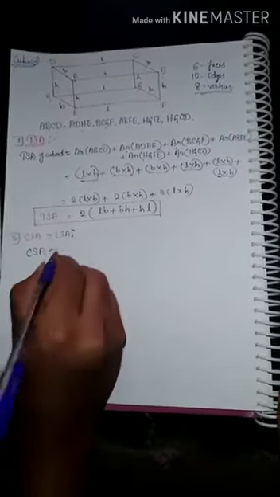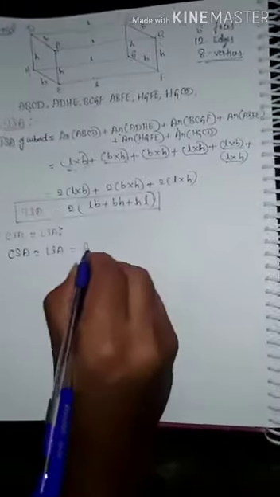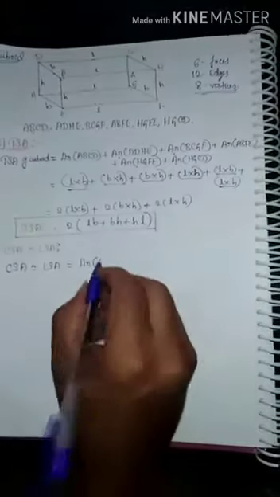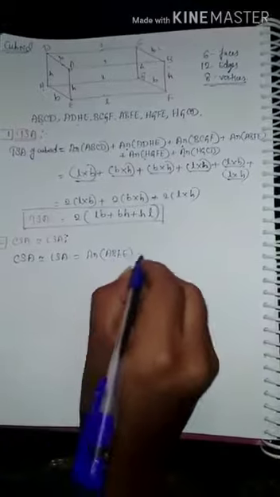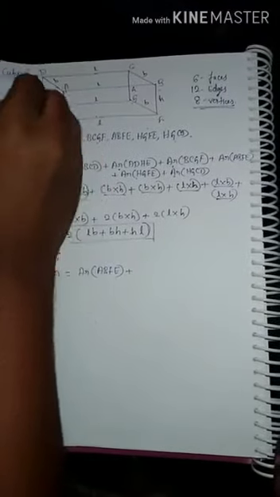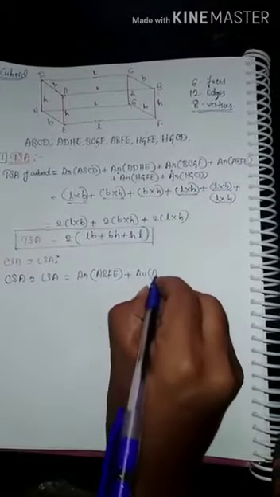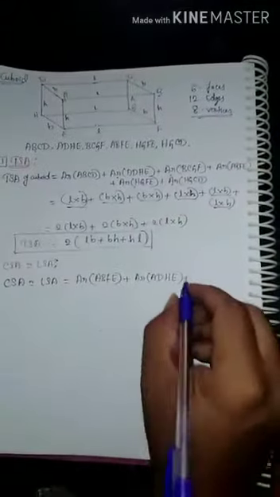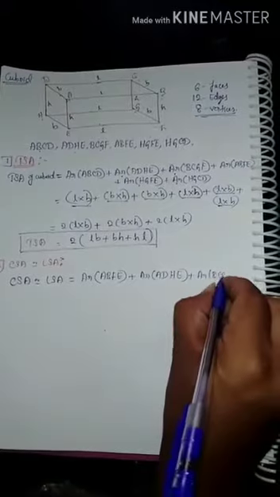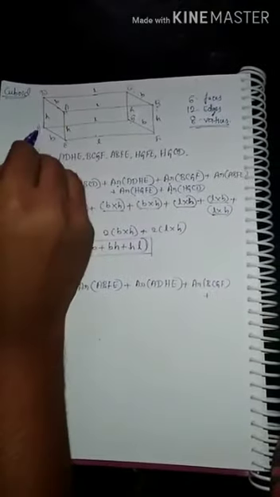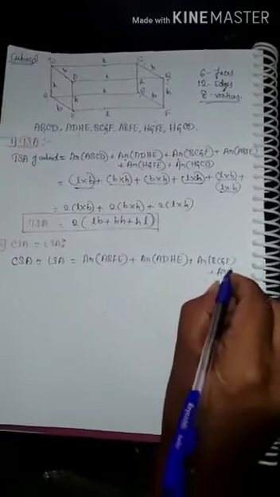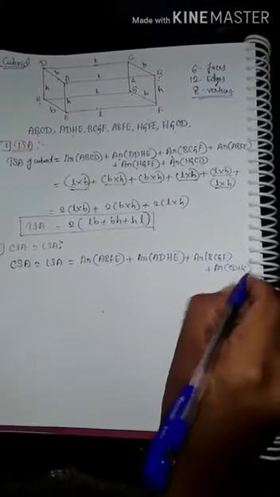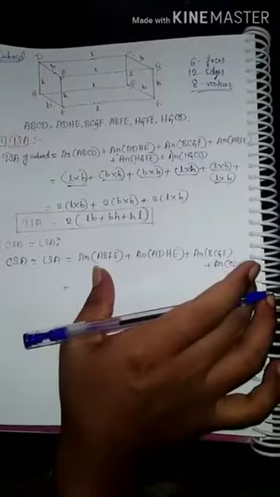LSA of cuboid is equal to area of, so don't consider base, consider the front side ABFE, plus area of ADHE, plus area of BCGF, plus the backside area of CDHG. Now, these are all rectangles.